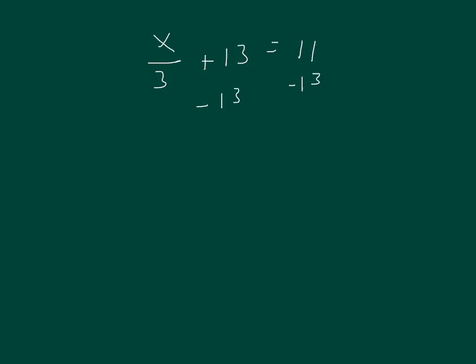So that will leave me x over 3 is equal to 11 minus 13, which is negative 2. Now, to isolate the variable, I'm going to multiply by 3. So instead of divide by 3, I do that to both sides, and that leaves me x is equal to negative 6.